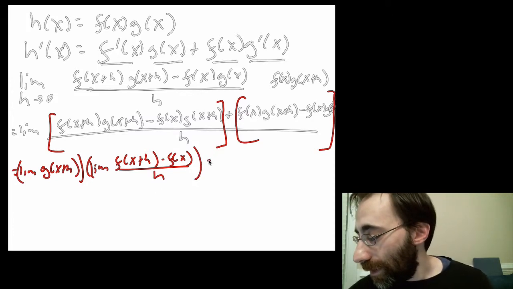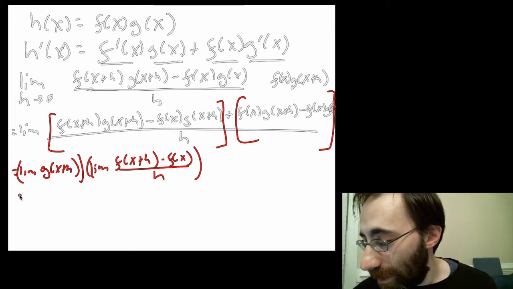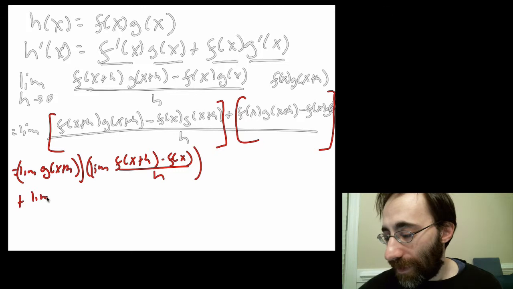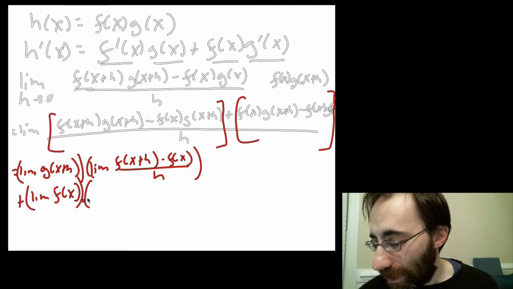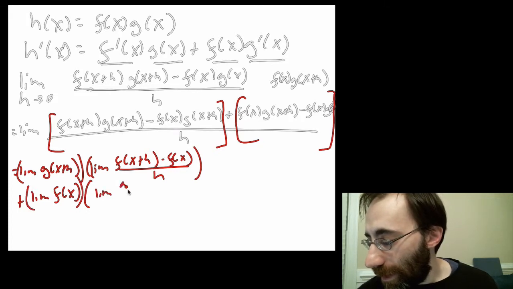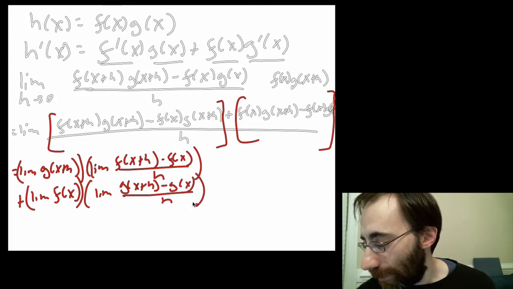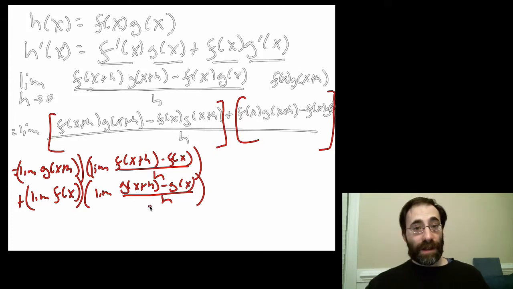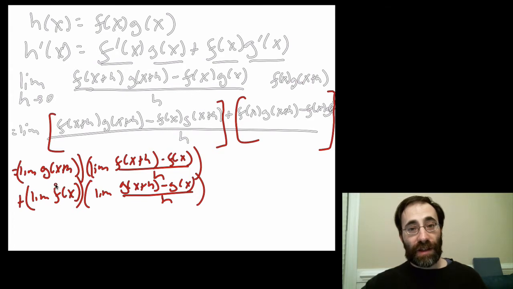And then plus the limit of the common factor, f of x, times, put it in parentheses, the limit of the rest of it, that's it. Now the first term, the limit of g of x plus h as h goes to 0 is just g of x.